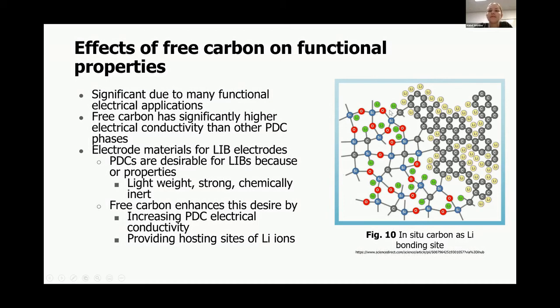So as you can see in figure 10 here, there are some lithium ions that are going to be held by the silicon backbone and the other molecules found in there, but much more they are attracted to these carbon rings here, and so that's going to be a much greater hosting site for those.